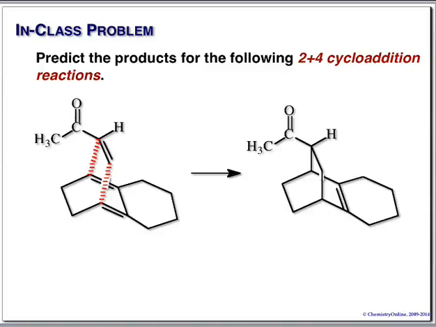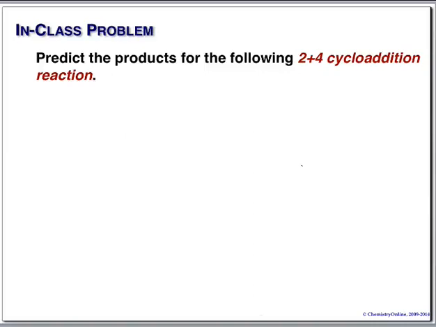All right. One more thing to think about in terms of cycloaddition. Here I have a simple dienophile, but I've put methyl groups on my diene. Consider the stereochemistry of my methyl groups.